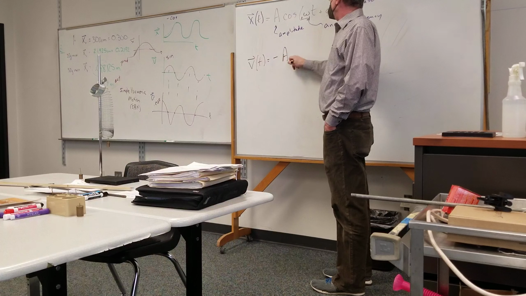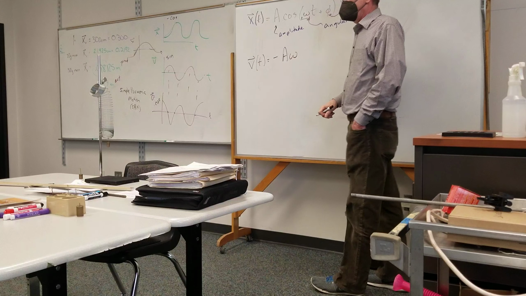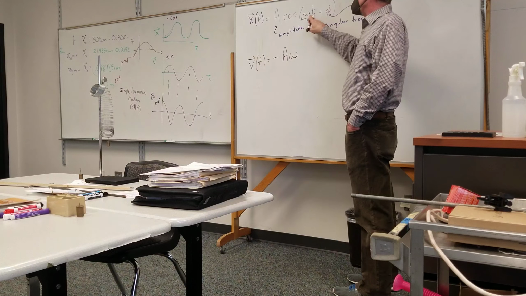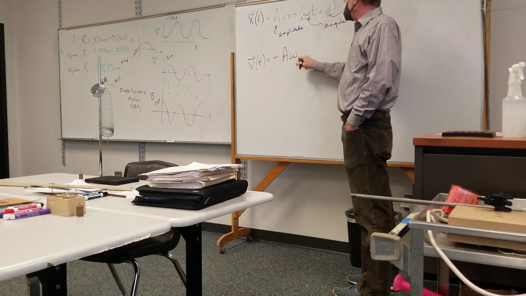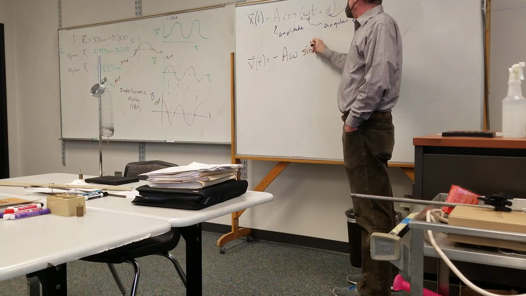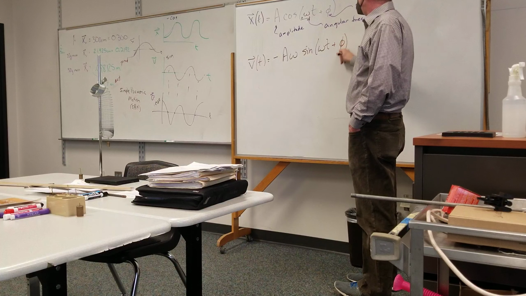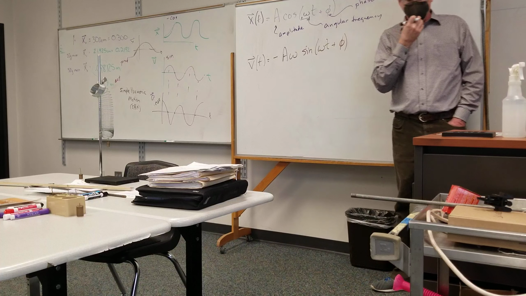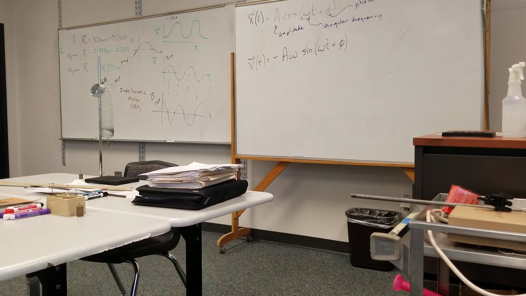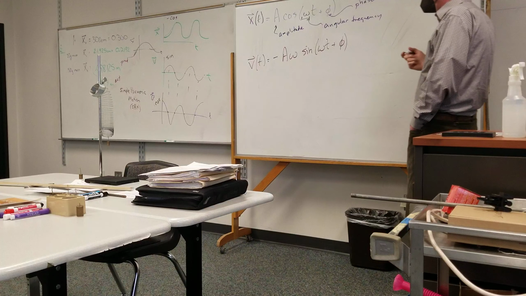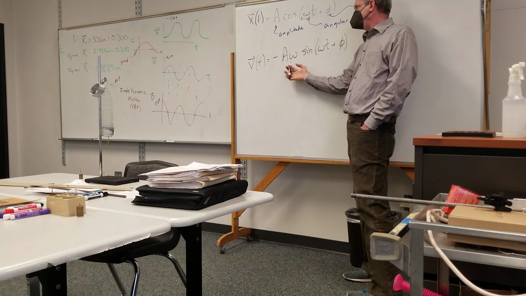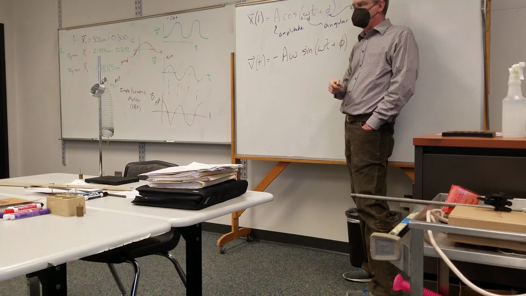A, and then omega, that's the part that I'm just going to hand wave through. Whatever you're multiplying times t, you would bring out front, sine of, and then the angle here stays the same, plus phi. And again, if you've had calculus, employ the chain rule, that's why omega pops out.